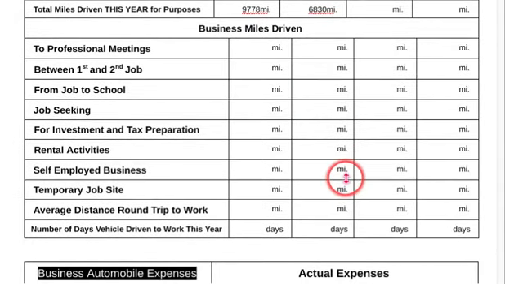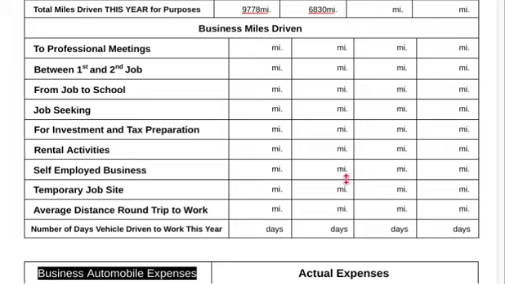Now here, you're gonna make sure that you keep track of the business miles you may have driven per vehicle. So the first driver may have driven 9,708 miles, and they have to be put on here and divided up.